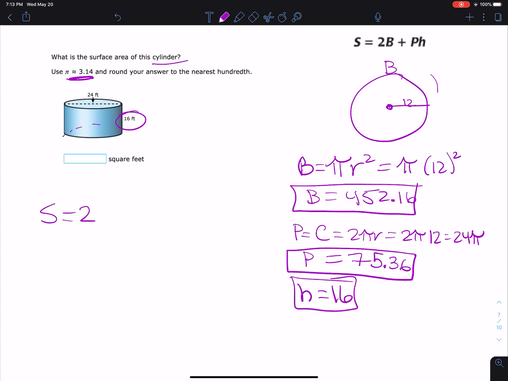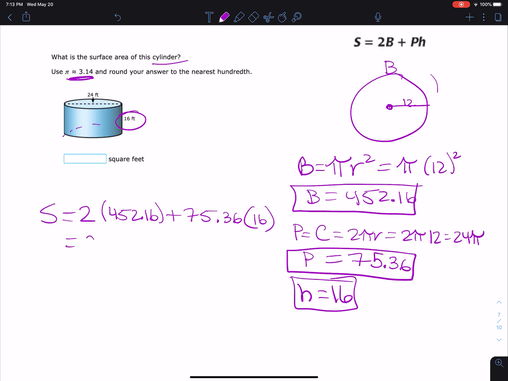So it's 2 times big B, which is 452.16, plus perimeter, which is 75.36, times my height, which is 16. All right, let's go ahead and multiply everything. 2 times 452.16.